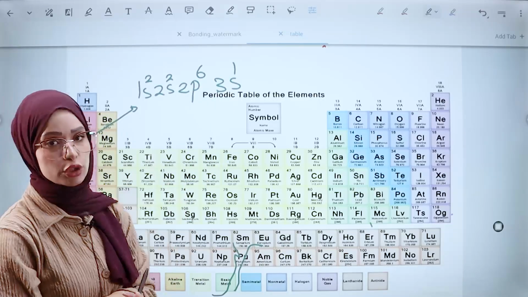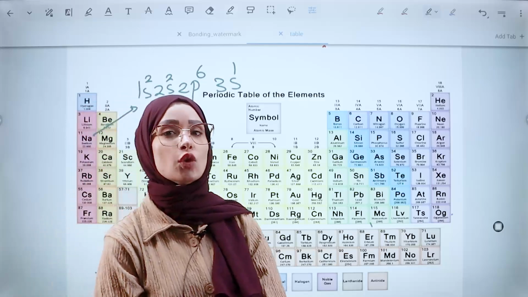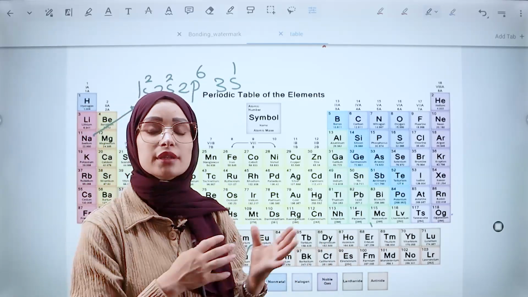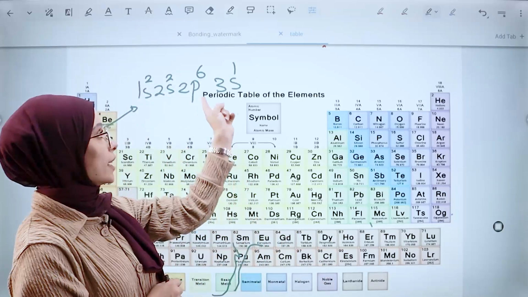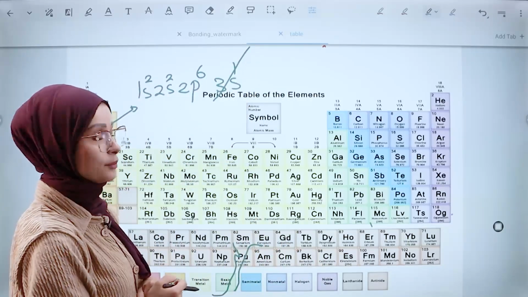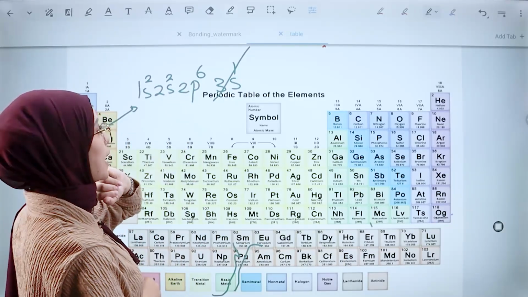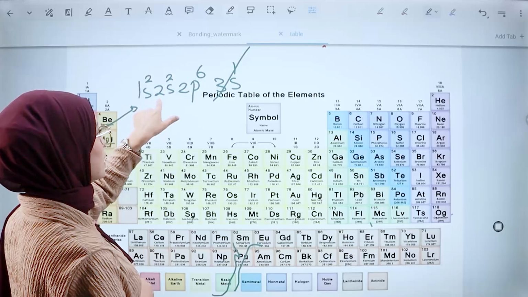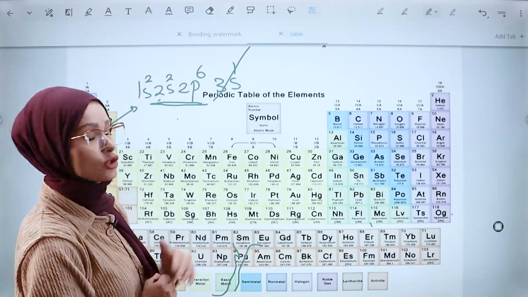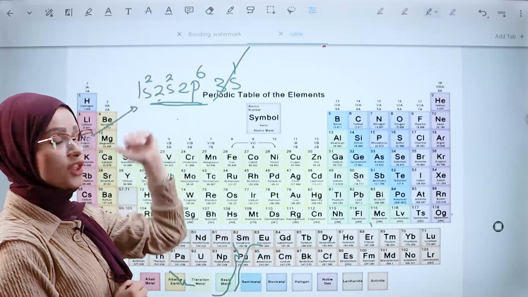Sodium must have 8 electrons in the last orbital. You ask yourself, which one is easier for the sodium? To lose one electron from the last shell, and look, how many electrons do I have now in the last shell? Now the last shell is the highest n, 2, 6 plus 2, 8. So if I remove this 1 electron, I will end with 8 electrons.